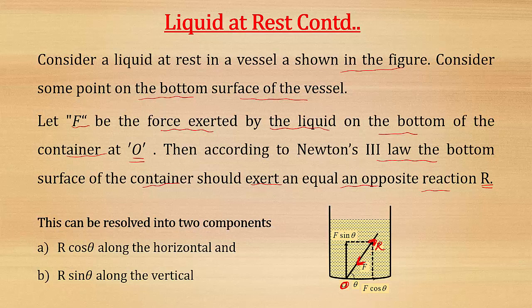Now, this force F is resolved into two components. R cos theta along the horizontal, R sin theta along the vertical. You can observe. So here we can consider F sin theta, F cos theta, or R sin theta, R cos theta, because both are equal and opposite. When you consider magnitude, we can take only the positive sign. Neglect the negative sign because we consider only magnitude.